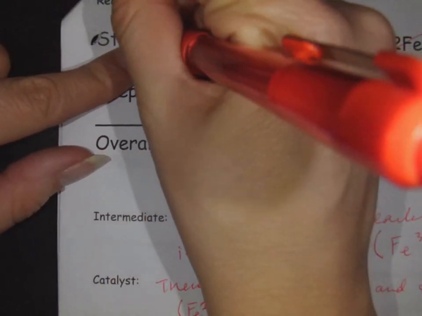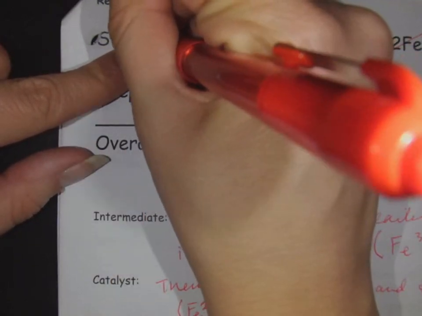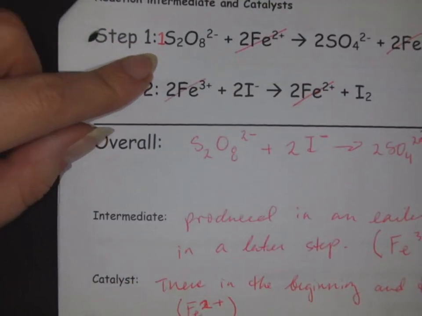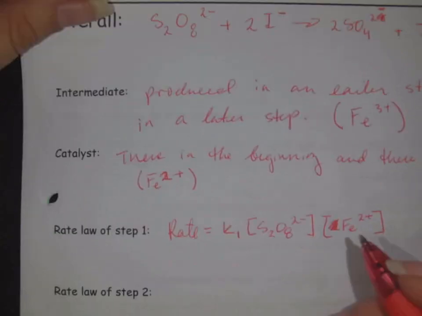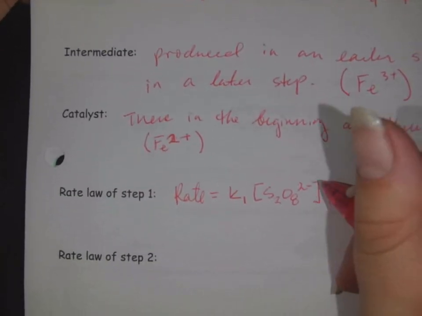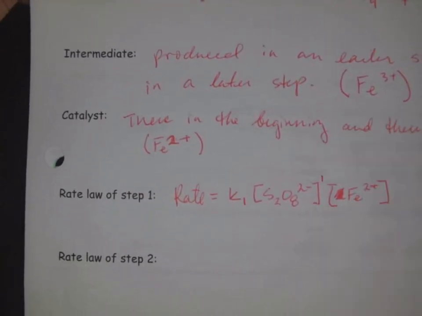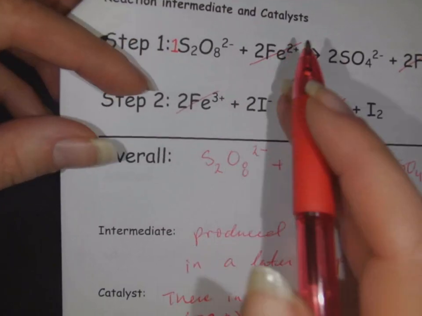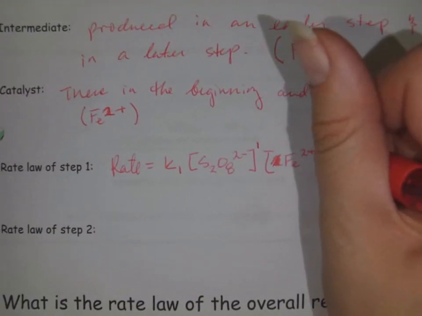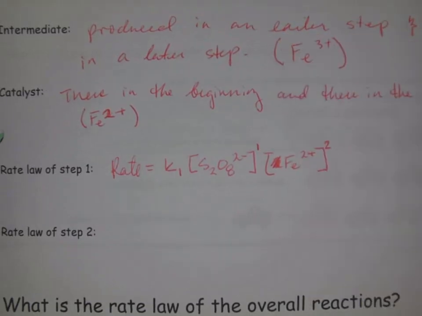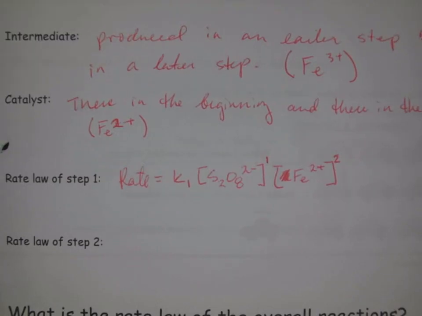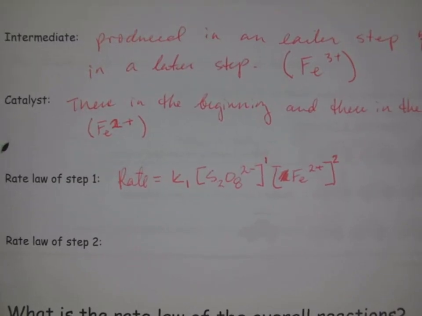So there's technically a coefficient of 1 right here. And you take those coefficients and you make them the orders. So this is technically raised to the first. And then there's a 2 here, and so that one would be a second order reactant. Okay? So that is the rate law for the first step.